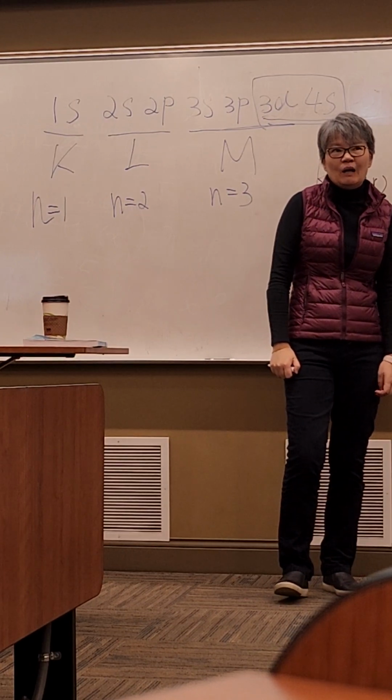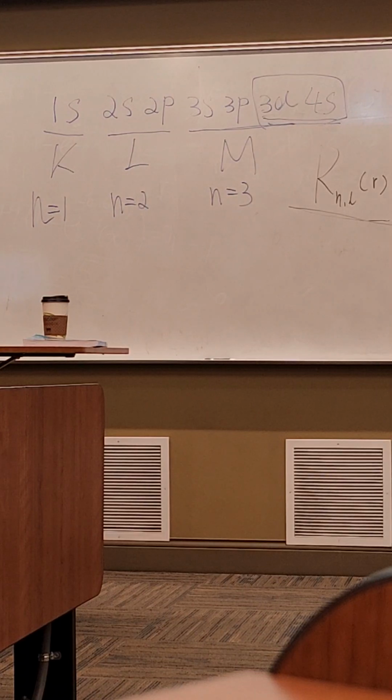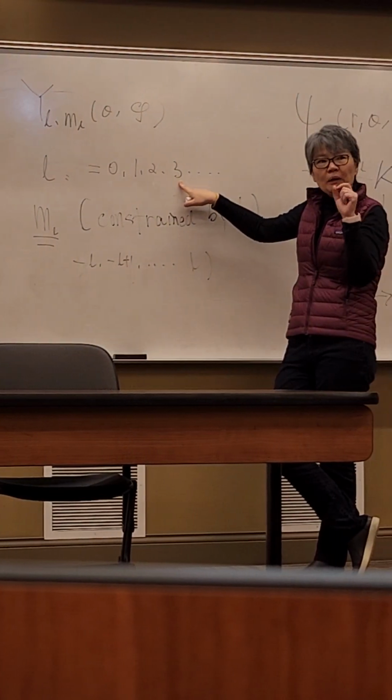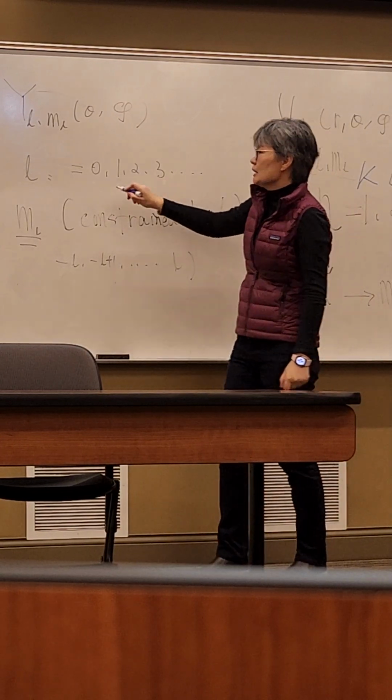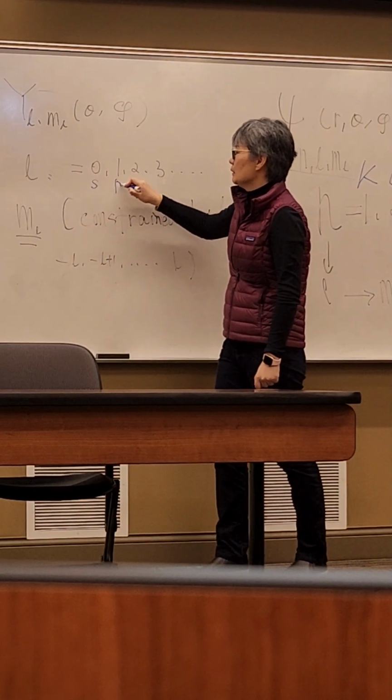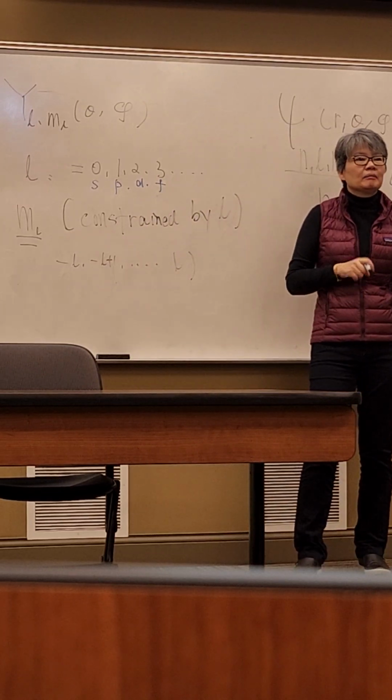All right, now we have L values right here. So L can take 0, 1, 2, 3. We can use a lowercase notation to refer to L values. This will be s, p, d, f.